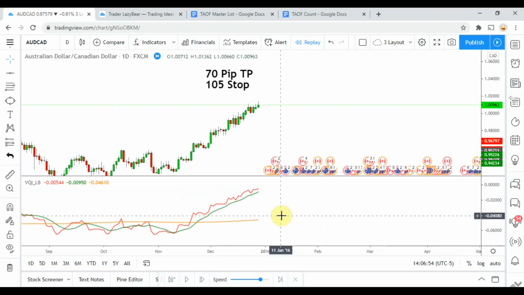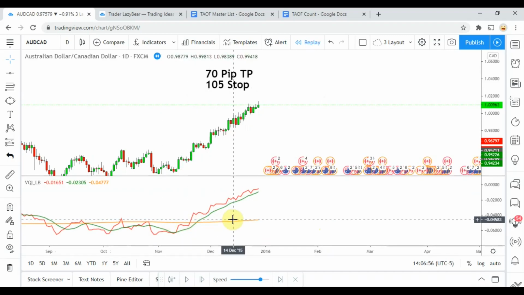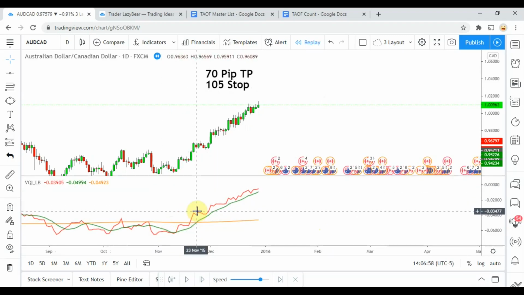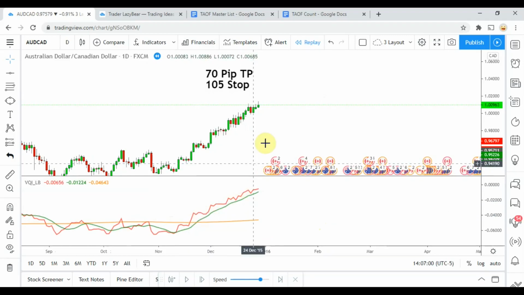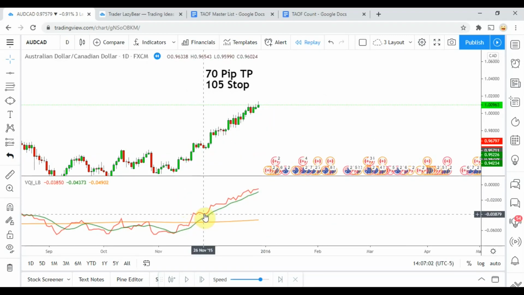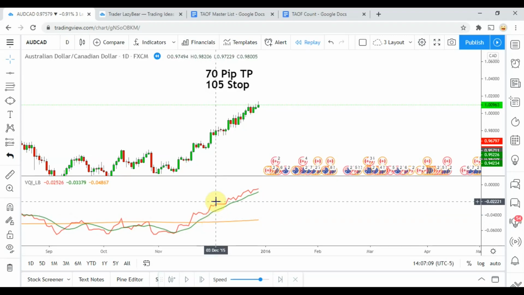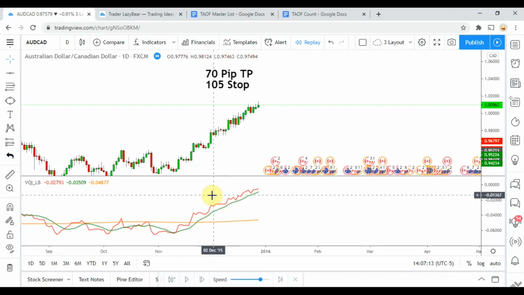So for example, if we are above the orange line, we are looking for only buying signals. And so what we would look for is the red line to cross below the green line and then cross back up above the green line, and that would be a buy signal.